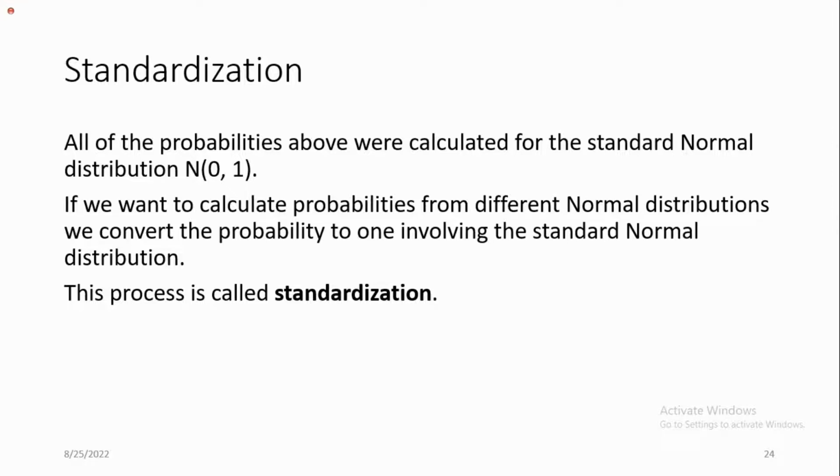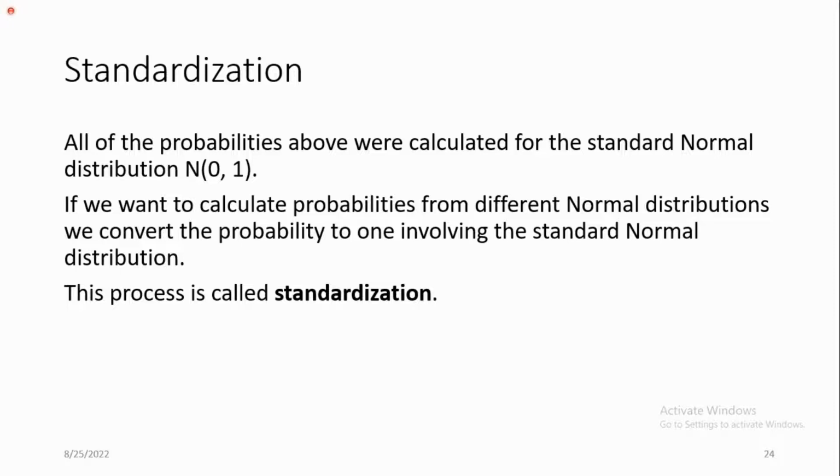Okay, right. Now see the given description. If we want to calculate probabilities from different normal distributions, we convert the probability to one involving the standard normal distribution. Understand? So we are going to convert a normal random variable into a standard normal random variable, and that process is called standardization.